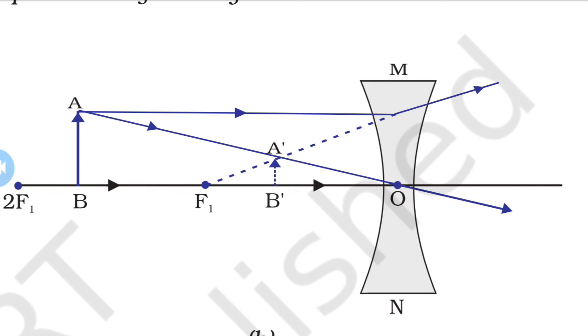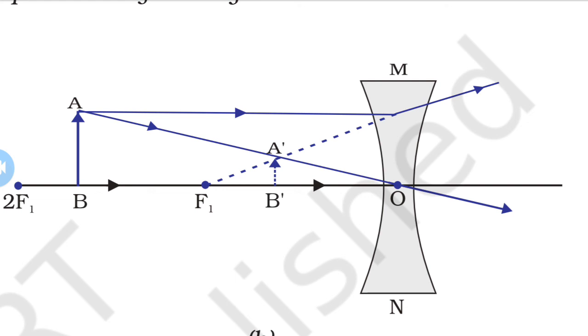The nature of the image is virtual and erect, and the size of the image is smaller than the object, diminished. Here the image being virtual is shown by the dotted line. Here A'B' is the image and AB is the object.